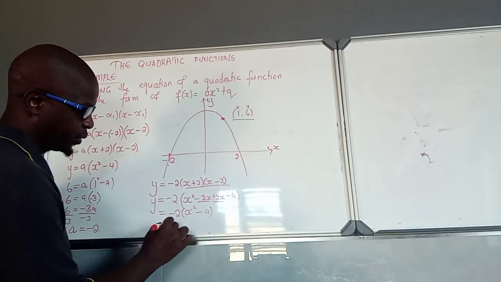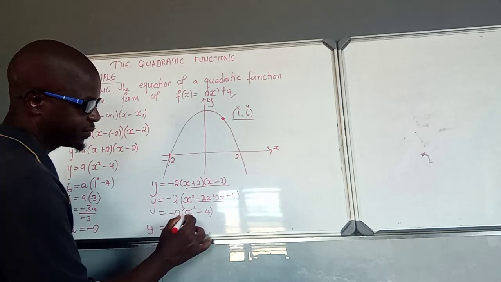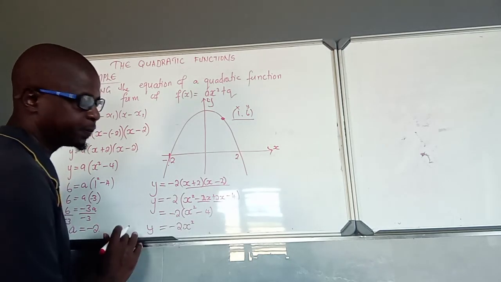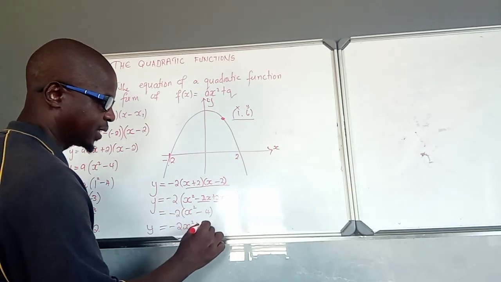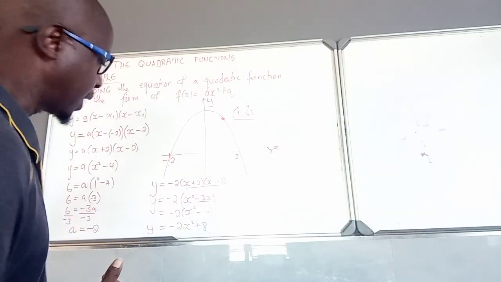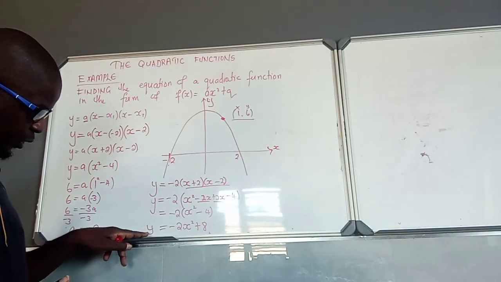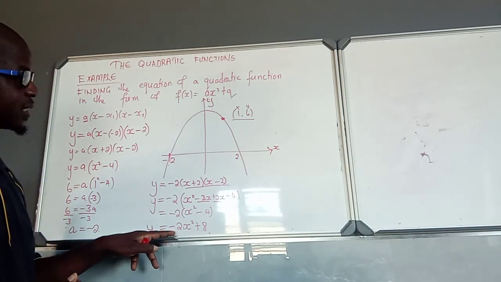This simplifies: I multiply this negative by that, it's -2x², and then -2 times -4 is a plus 8. So that is it, we have our function, the equation that we're trying to look for: y = -2x² + 8.